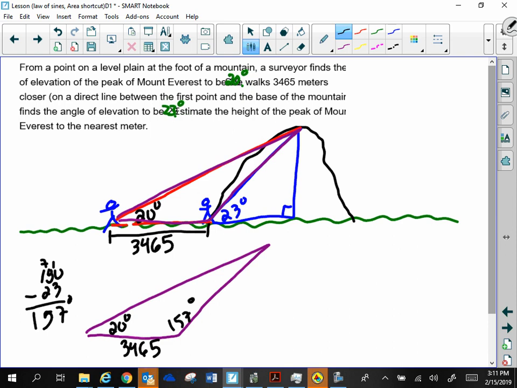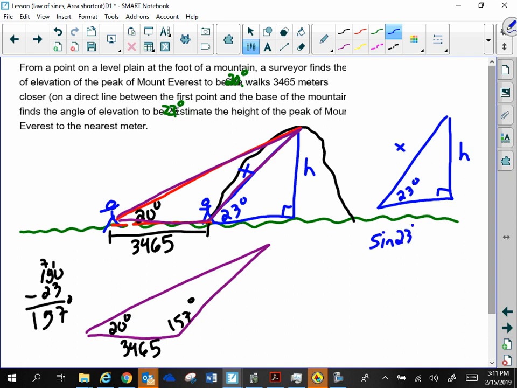What I'm trying to find is that length right there, because then I should be able to pull out this blue triangle, which had a 23-degree angle. Once I know x, the sine of 23 degrees is going to equal h over x.